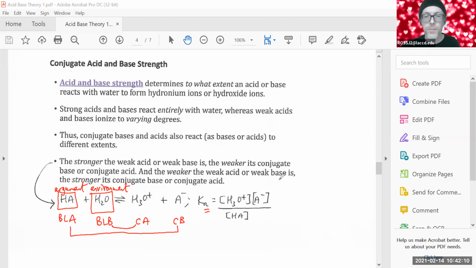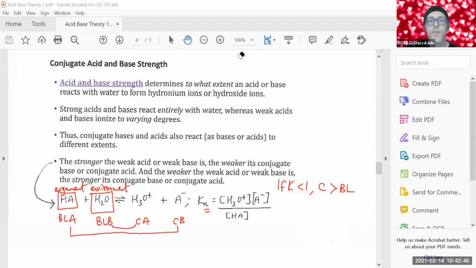If Ka is less than 1, the conjugates are stronger than the Bronsted-Lowrys. In fact, I'll keep it general. You can just say if K. Here it's an acid specifically, but in general, let me get rid of that subscript A.